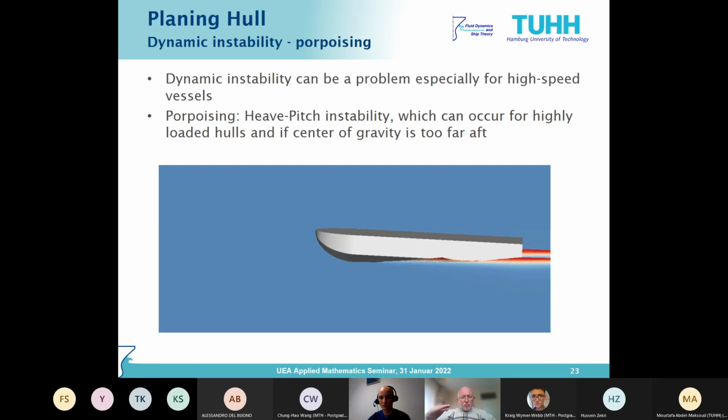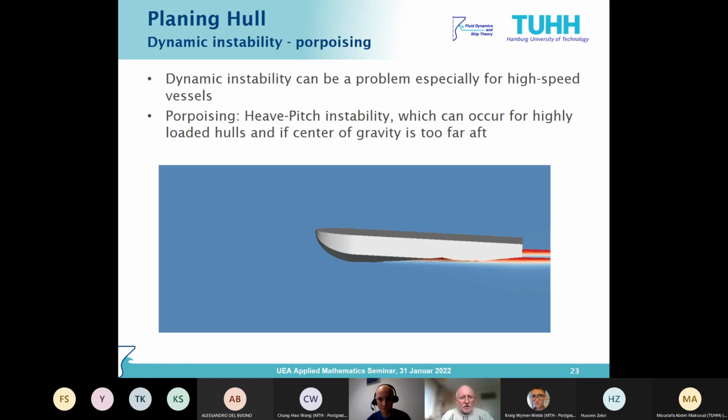But it's possible that the free surface calculated at the next time step intersects the hull. What do you do in this case? It's not necessarily true that the free surface is always outside of the hull. It can go inside the hull.